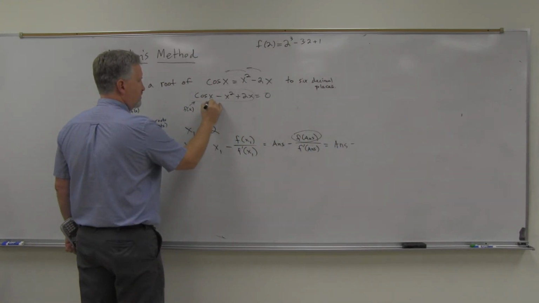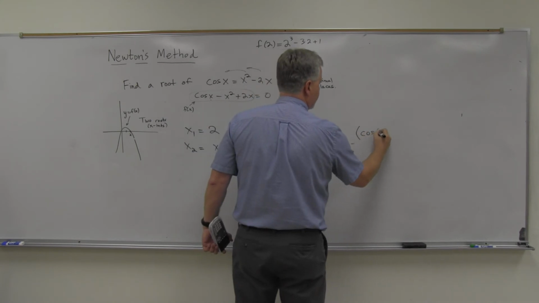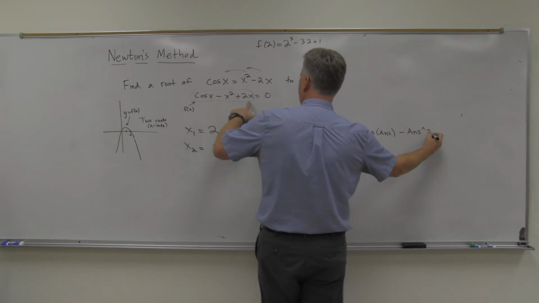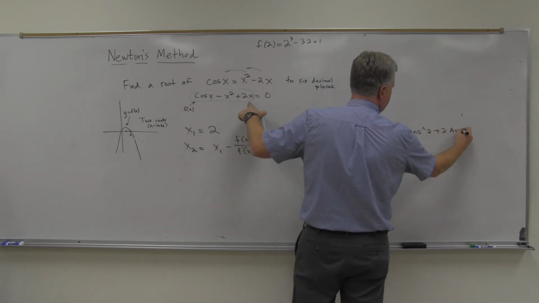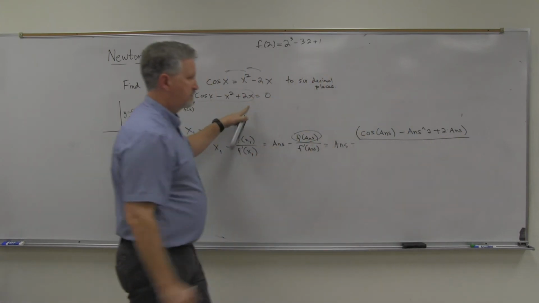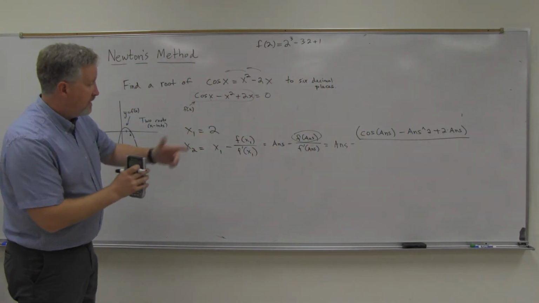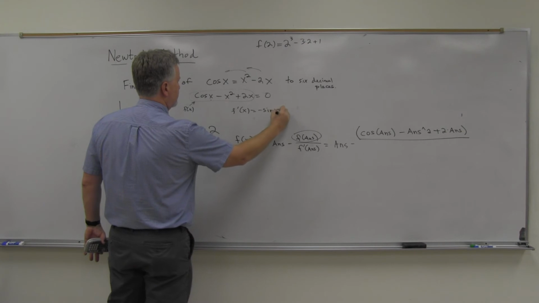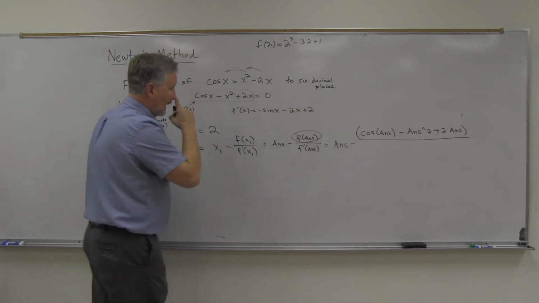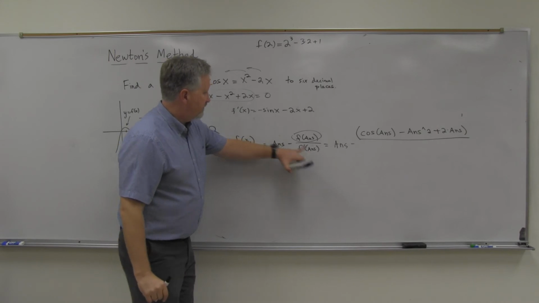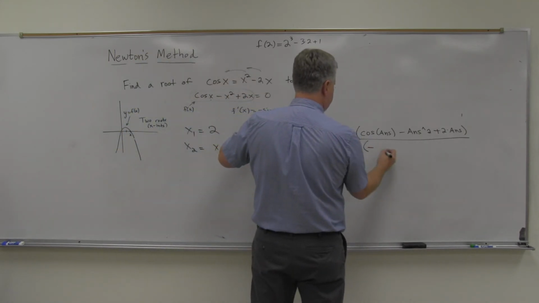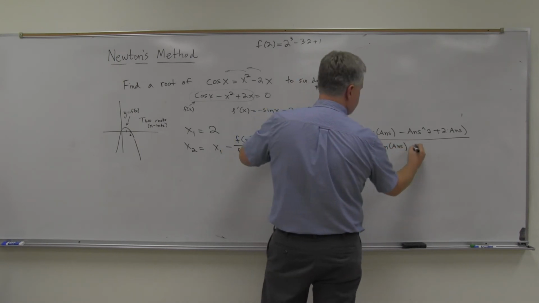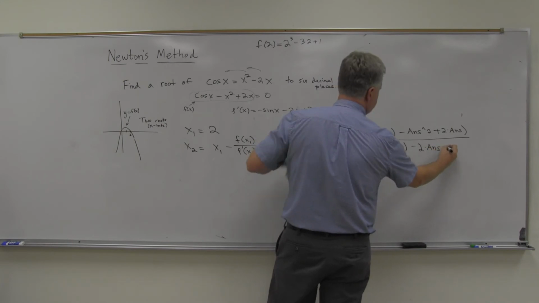It's just cosine of ans minus ans squared plus 2 times ans. That's what it's going to look like. What's f prime of ans? Well, f prime then is negative sine x minus 2x plus 2. So the derivative evaluated at ans would be, put parentheses around it, negative sine of ans. That's how you enter it.